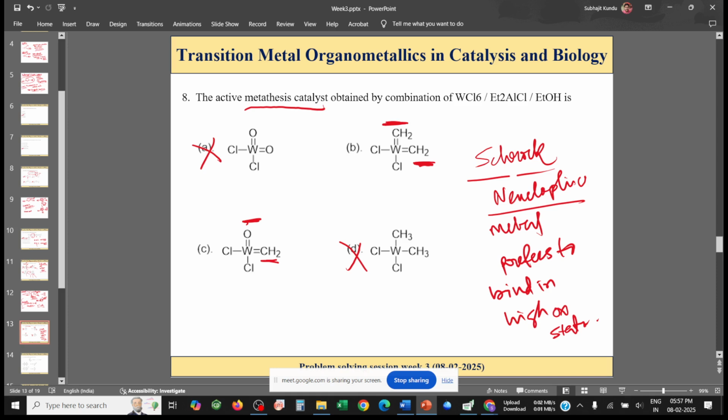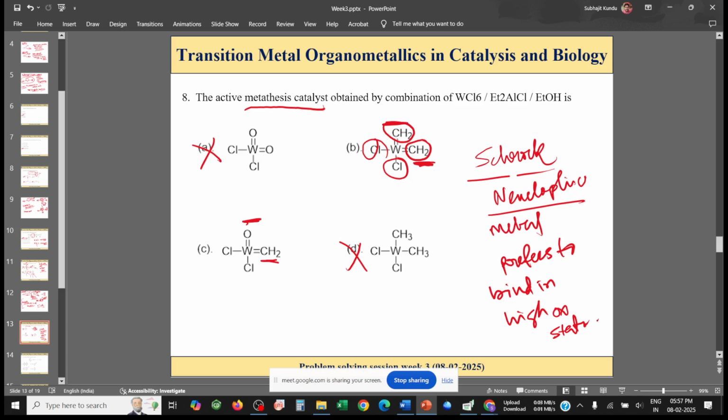Now you can see that if you apply just simple knowledge here, it is a CH2, this is also CH2, that is the carbene which is neutral, and this is Cl and Cl. So Cl contributes 1, 1, 2, and the overall molecule is neutral, so tungsten is only plus 2 charge.